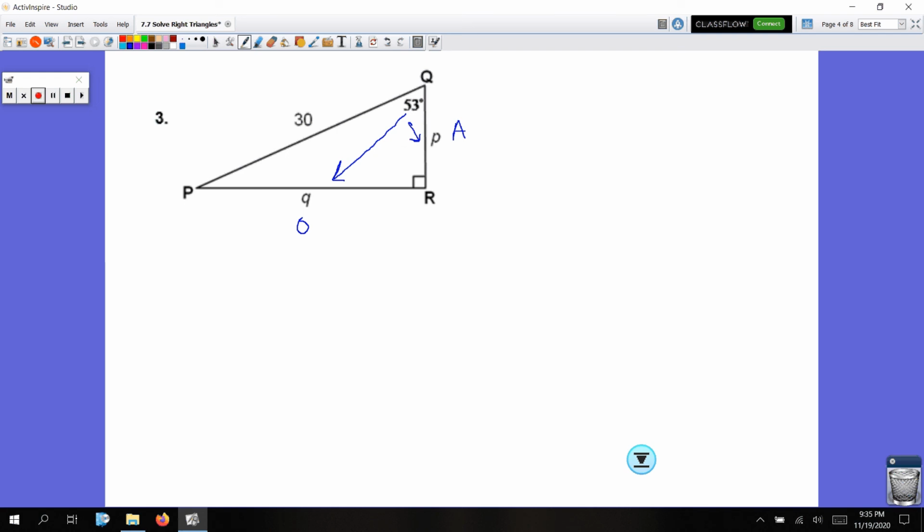So I'm going to use sine and cosine to find Q and P. So first, let's find Q. It's opposite. I have the hypotenuse. That is sine. Opposite over hypotenuse. So sine of 53 is equal to the ratio of Q over 30.